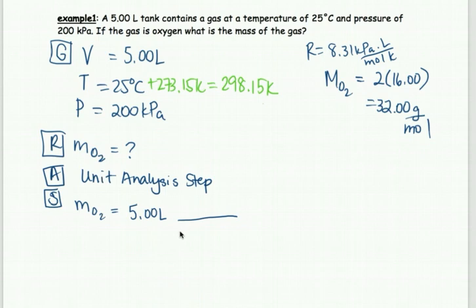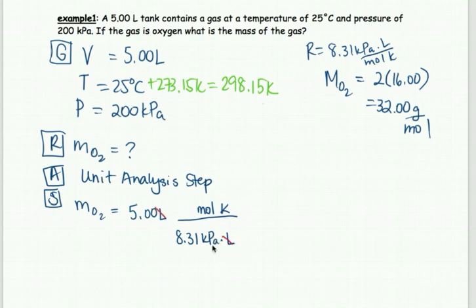So we don't want this number right beside 5. We want to flip it. So we're going to have our gas constant flip here. And we're going to go kilopascals liters like that. And then the mole Kelvins goes to the top. Okay, so make sure you get these units memorized, or you don't even have to memorize it. They're on the back, okay? All right, so you're going to slash the liters.